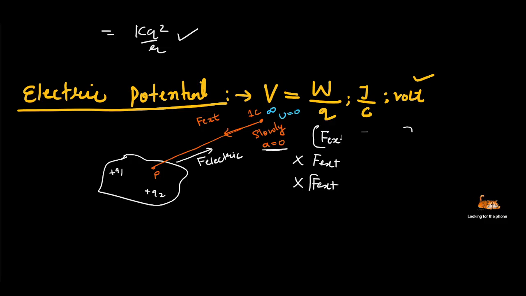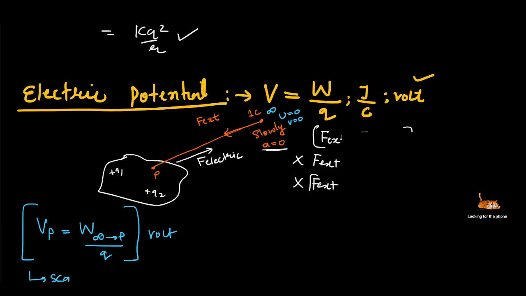Potential is also 0. So potential at point P is the work done in bringing a charged particle from infinity to point P divided by the charged particle that we are bringing. This is my electric potential definition. Its unit is volt. It is a scalar quantity.